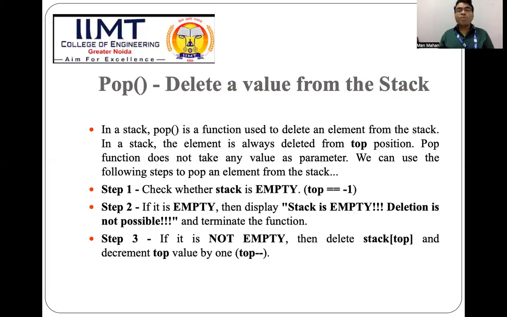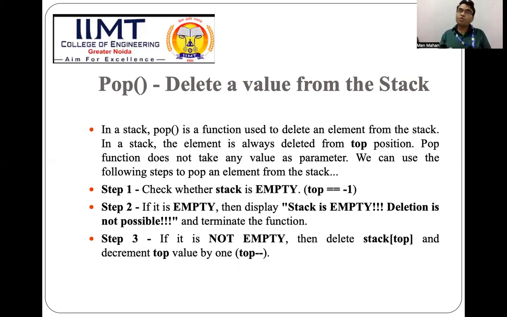Now the next operation is the pop operation. Pop operation is the deletion of a value from the stack. In the pop operation, we check the underflow condition. If the stack is empty, meaning there are no elements in the stack, we can't delete a particular element. So first of all, we check the underflow condition. In step one, we check the underflow condition. How can we check?